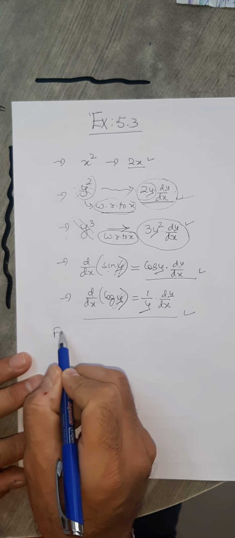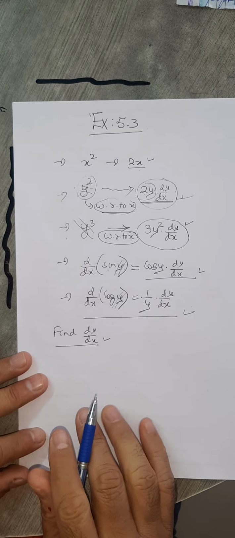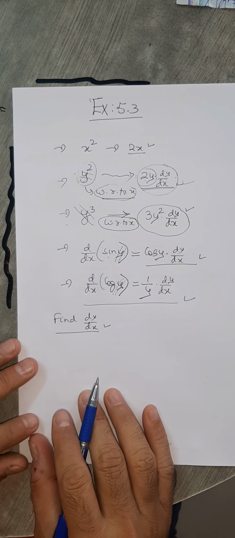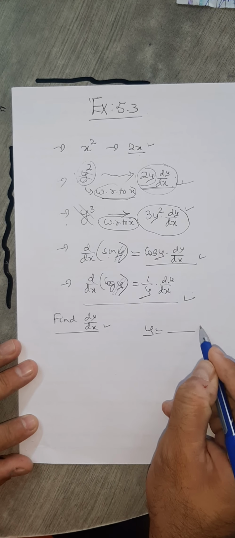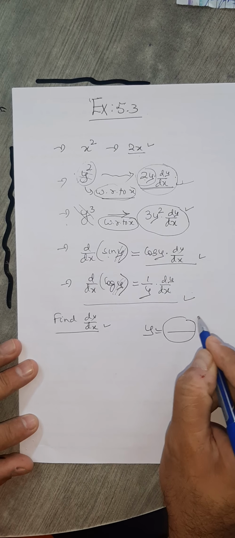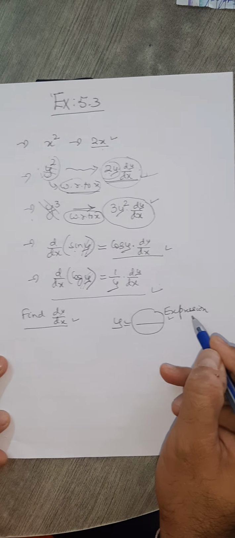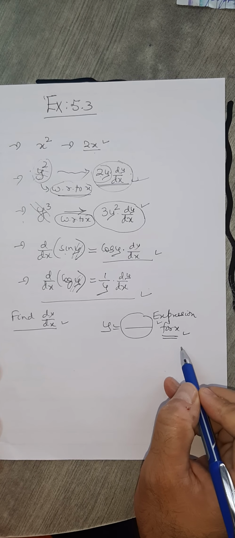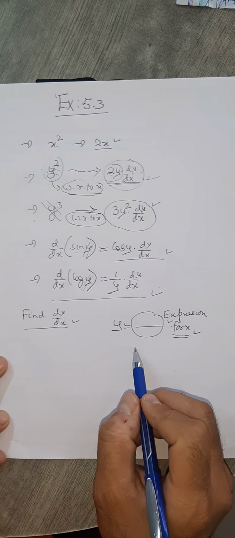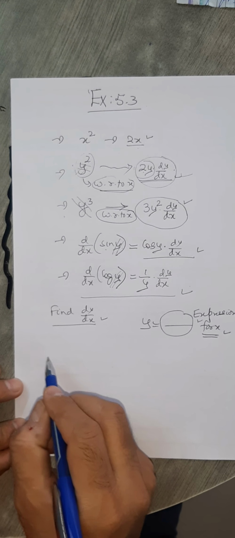Everywhere you are asked to find dy by dx. Now, in earlier exercises, you had everywhere y equals to function of x. You had an expression for x, remember. But now, here in these exercises, we have mixed expressions.